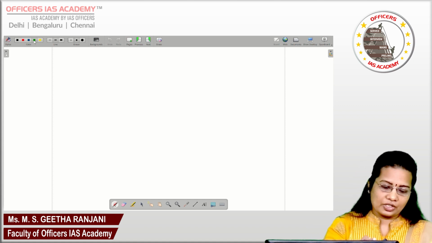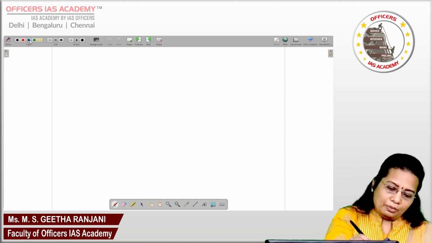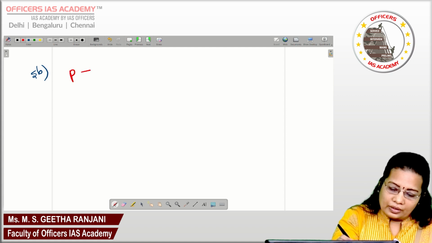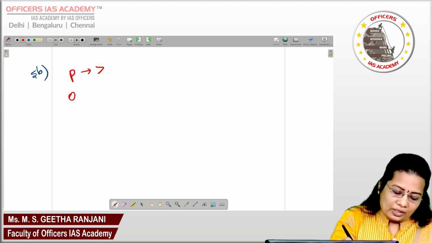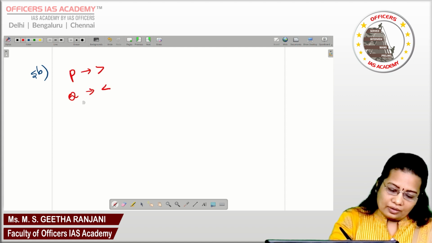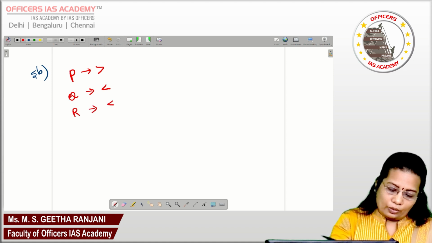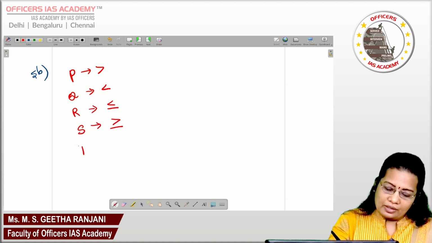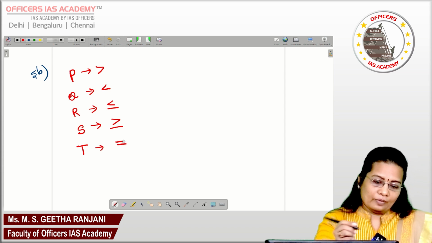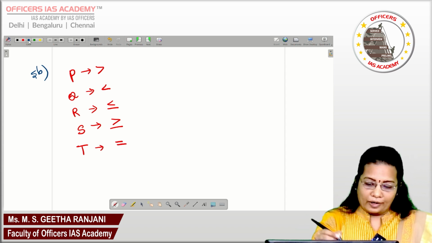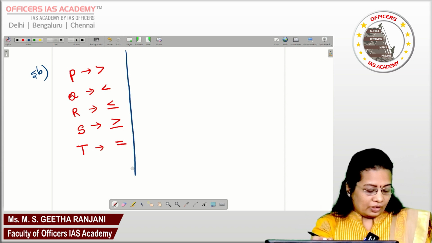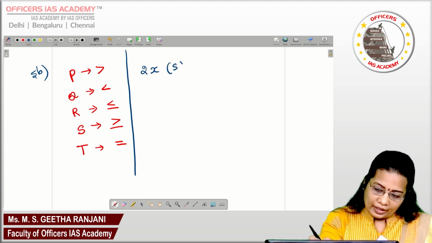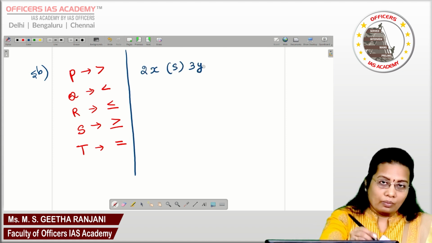So question number 56. P means greater than, Q means less than, R is less or equal, S means greater or equal, T means equal. So analyzing the statement number 1. Initially what is given? 2x S 3y. What is the meaning?